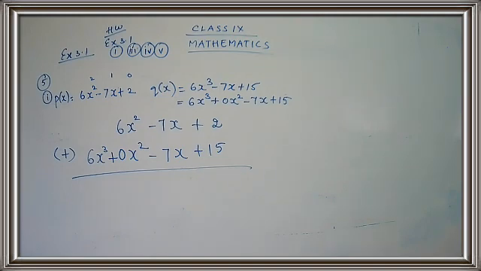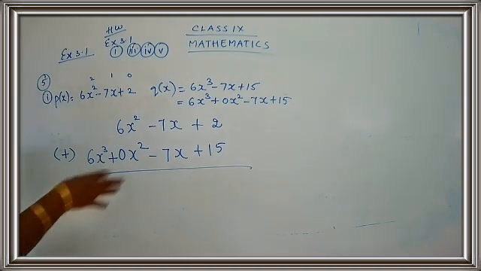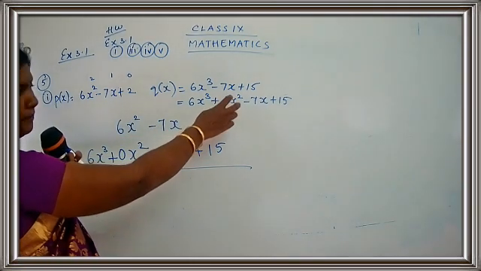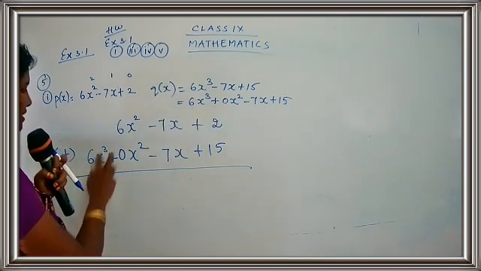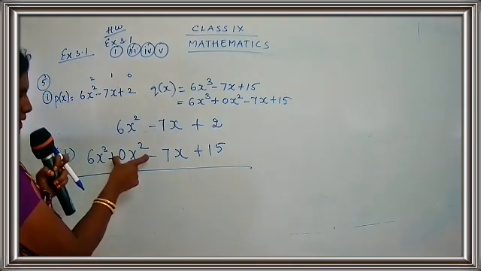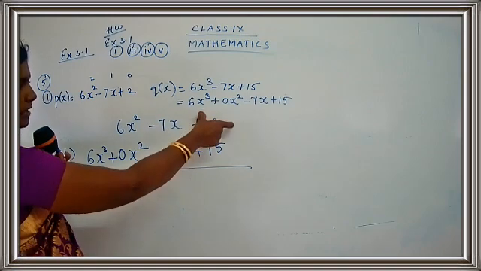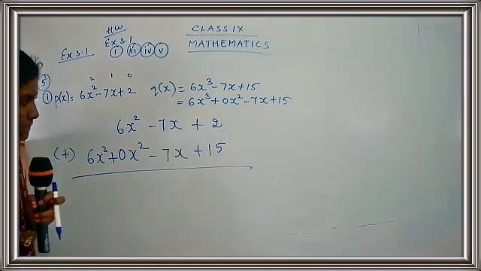But if you make a mistake in arrangement, everything goes wrong. So be careful when you arrange the terms. So 6x square minus 7x plus 2, and for the second polynomial the square term was missing. So I have just added the x square term. Be careful to put a 0 coefficient. So I get 6x cube, the x square term, x term, and a constant and a constant.